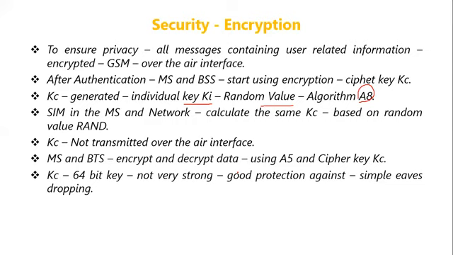And then the publication of A3 and A8 on the internet. As we have discussed, A3 and A8 were published on the internet. It showed that in some implementations, 10 of the 64 bits are always set to 0. Even though the cipher key KC is 64 bits, in some cases it was found that 10 of the 64 key bits were always 0.